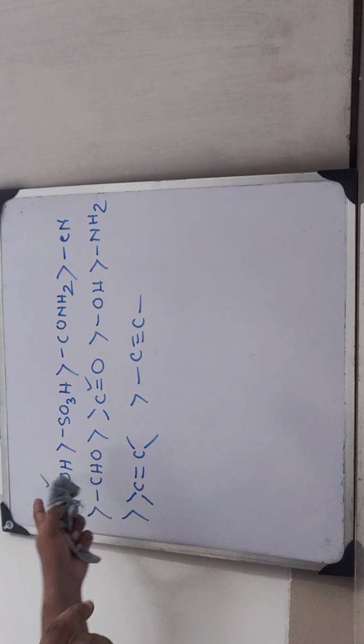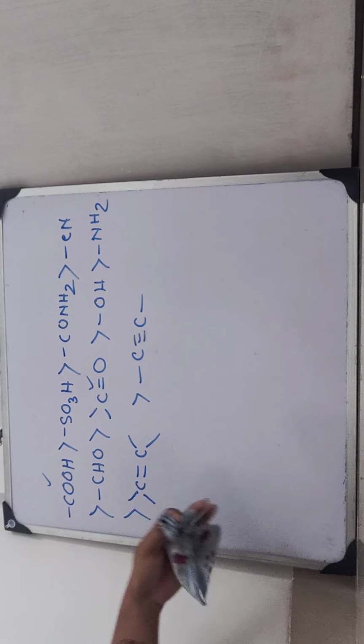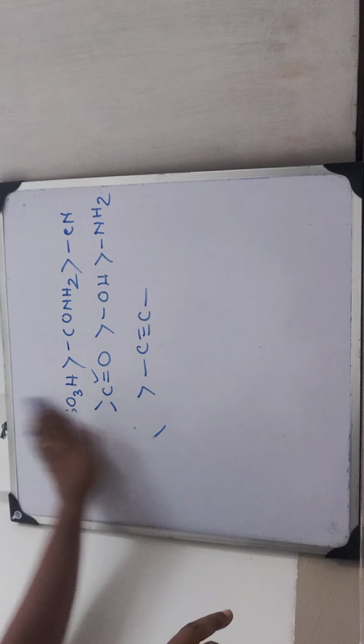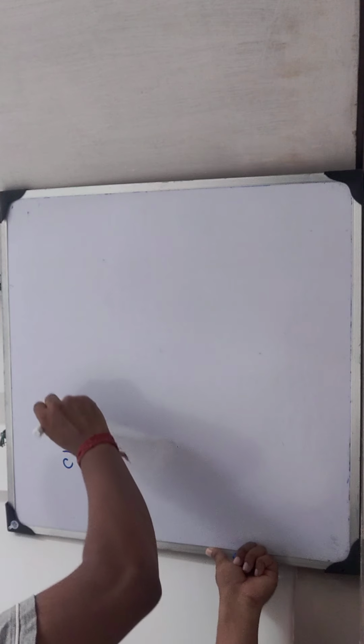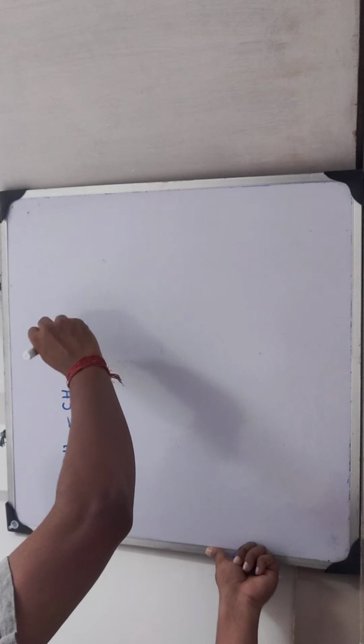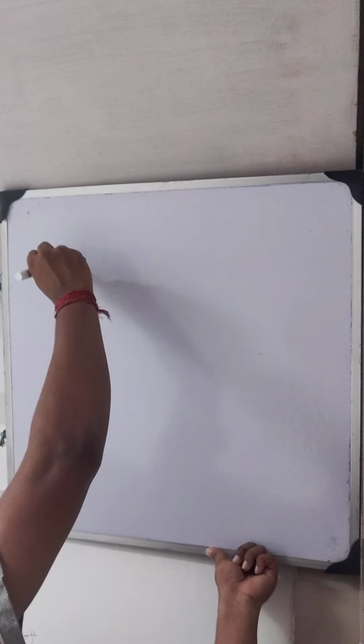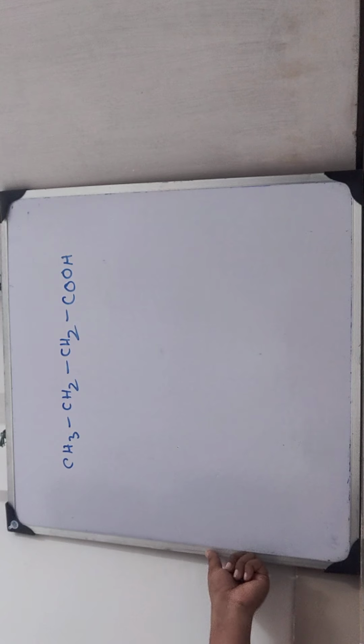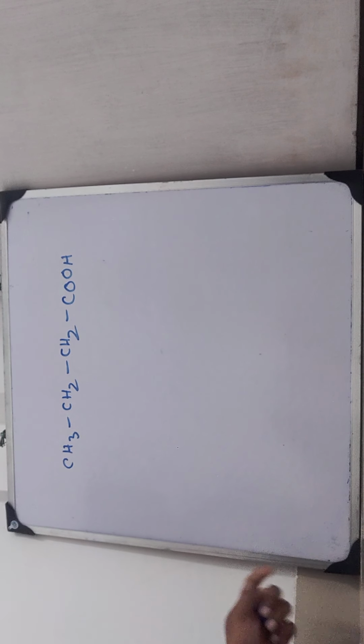So every functional group has two names, known as suffix and prefix. Let us start the naming of a compound. Suppose there is a compound CH3CH2CH2COOH. Only one functional group is there, and as per the IUPAC rule, the functional group should be placed at the lower numbered carbon.